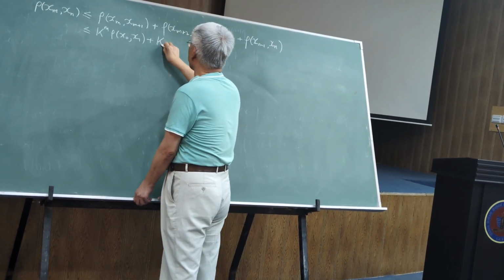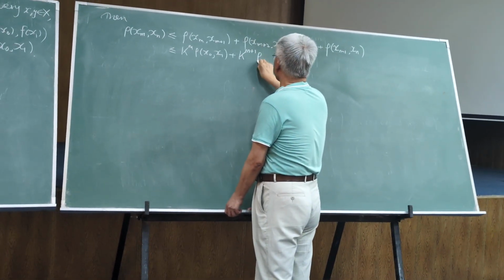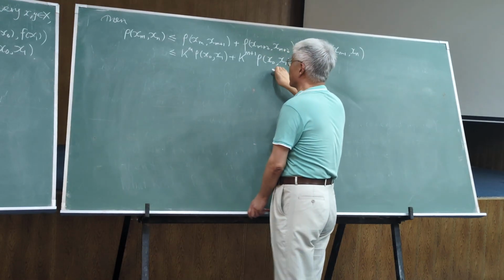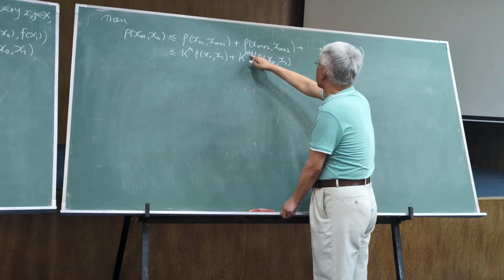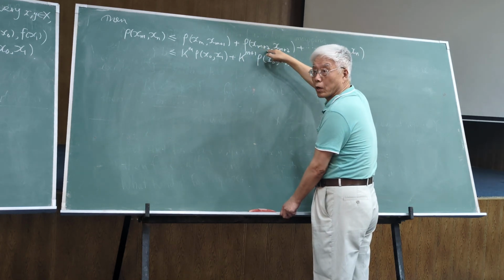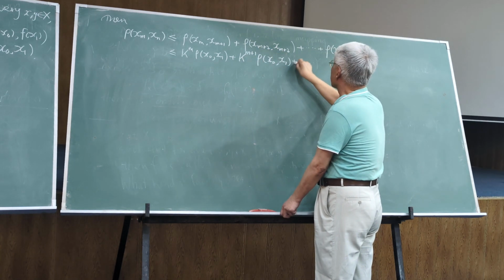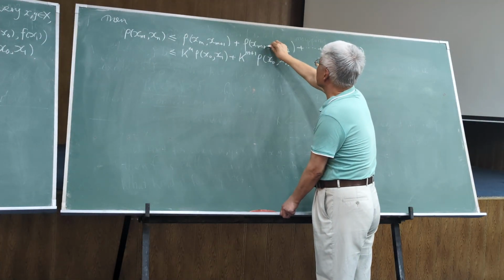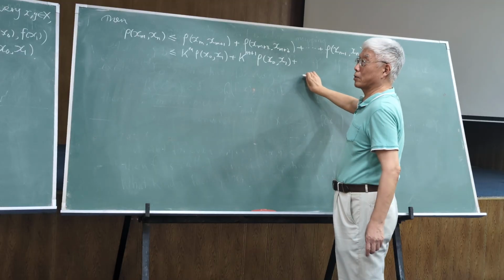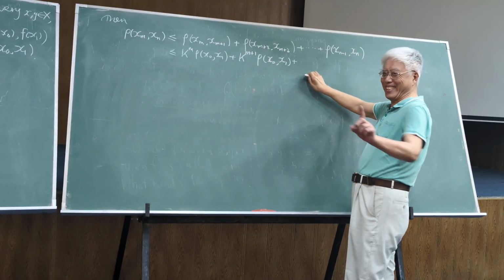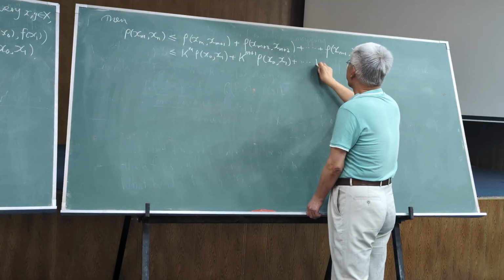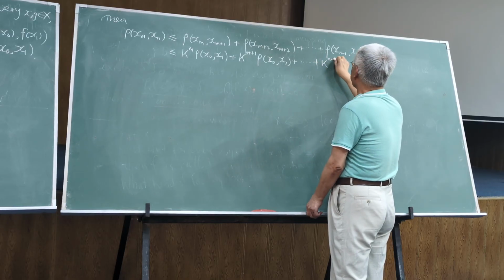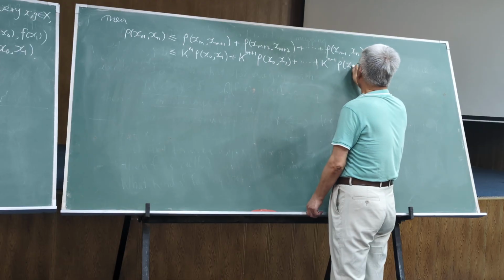Let us make it more clear. I think everybody understands this. So every term is the same distance, but the index will be one more than the previous one. It should be xm plus 1. Yes, thank you. And then you go to this one, which is k to the n minus 1, times the same rho.